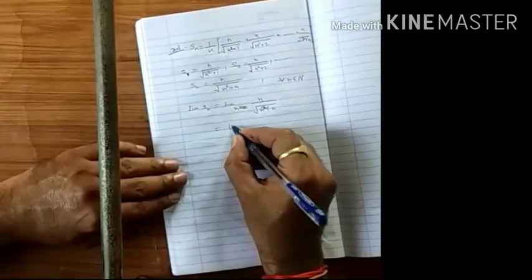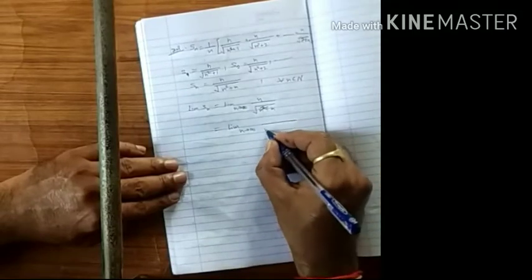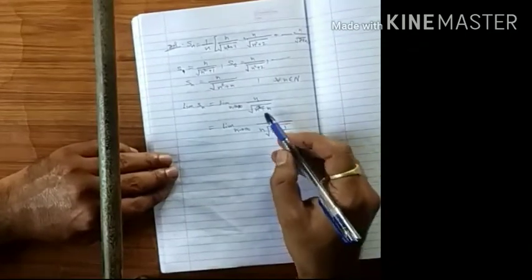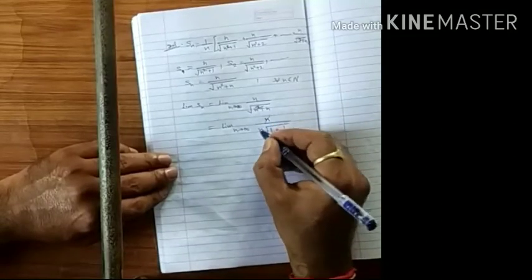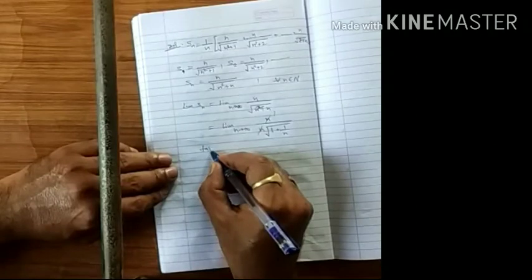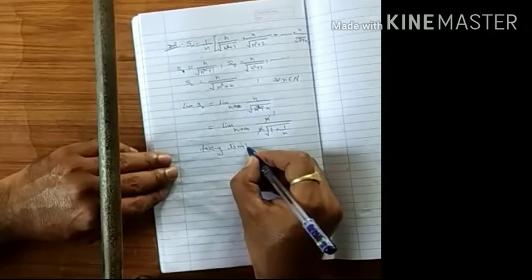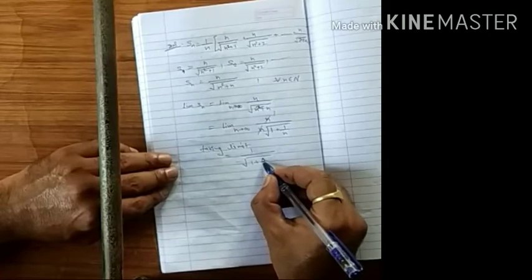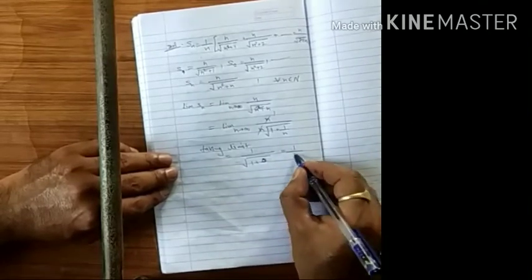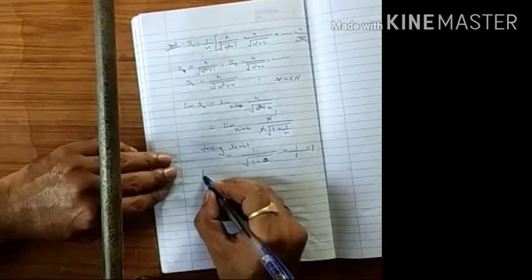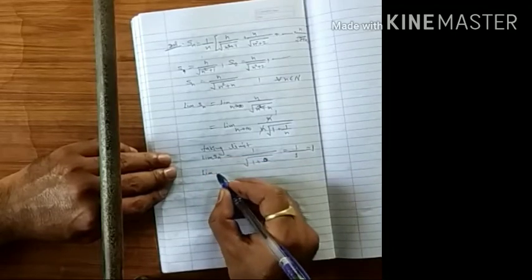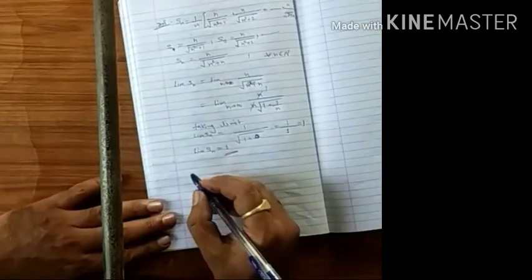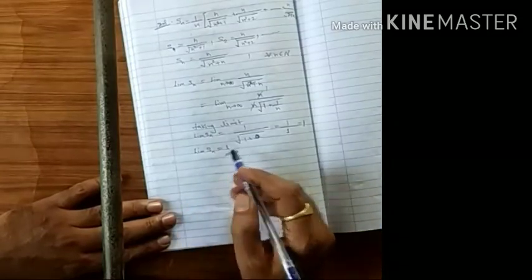Take n square common, so this is 1 plus 1 upon n, and n cancels n, and taking limit we get 1 upon square root 1 plus 1 upon infinity. 1 upon infinity is 0, so that is 1 upon square root of 1, which is 1. Then we can say limit Sn is equal to 1.